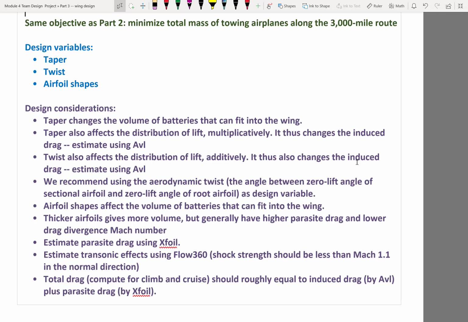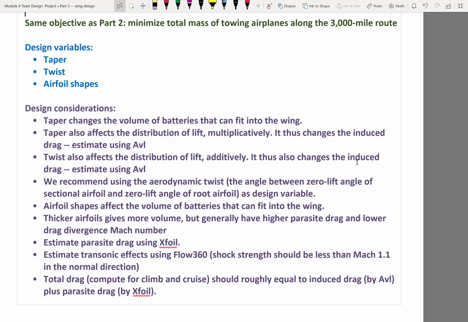So let's say your original airfoil has a zero lift coefficient at 0 degrees angle of attack, and somebody changes the airfoil to make the lift coefficient equal to 0.5 at 0 degrees angle of attack, then you have to change your twist according to it, right? But if you use the aerodynamic twist, that decision stays fixed no matter how the airfoil shape is changed. So that's something I recommend you do, starting from the beginning.